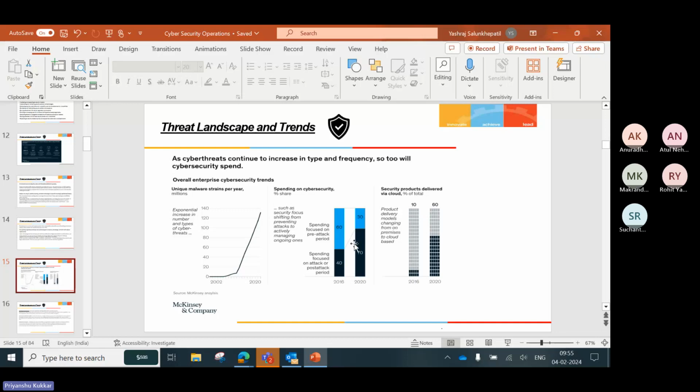That is why there is this difference in spending, because how much can you do of pre-attack? When you go out on the dark web to find out threats, let's say you find 100 threats, how do you know which one is going to attack you, right? And you cannot put parameters and security for all the 100.